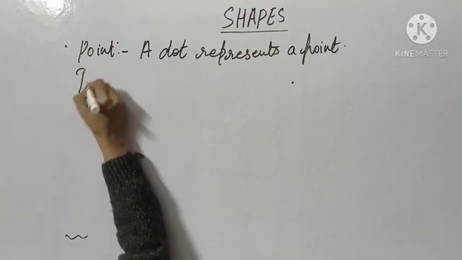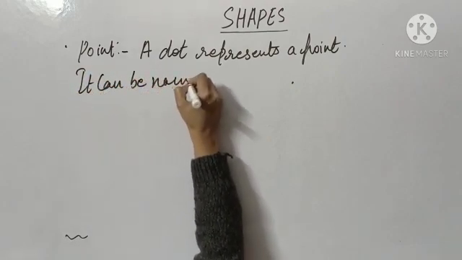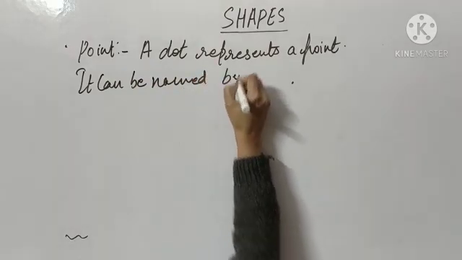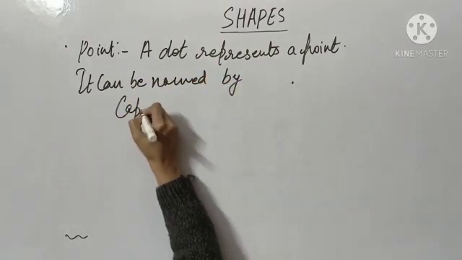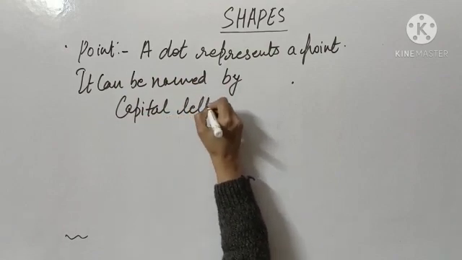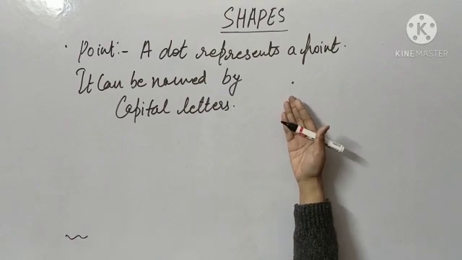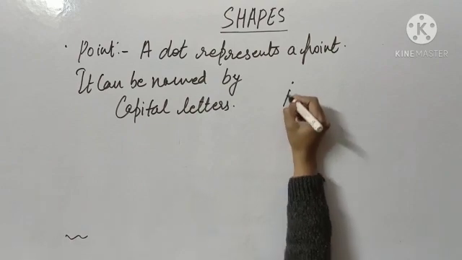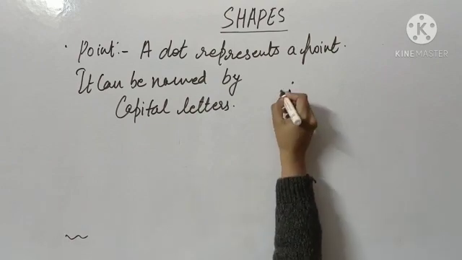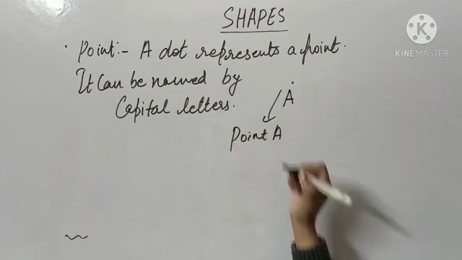It can be named by capital letters. That is, I can give name to this dot like capital A I am giving. So this is my point A.